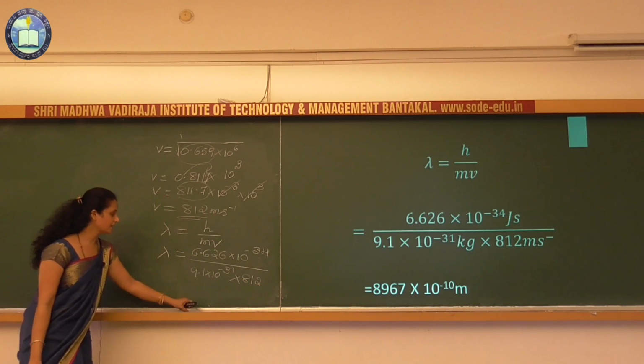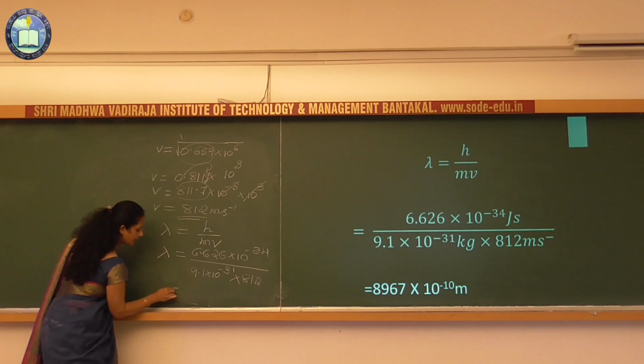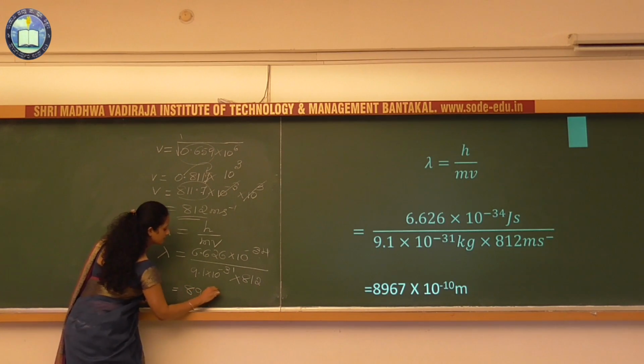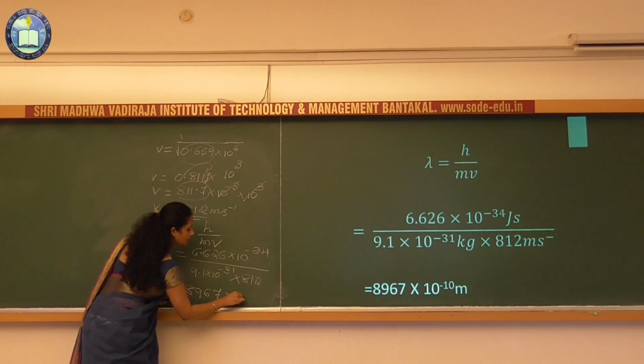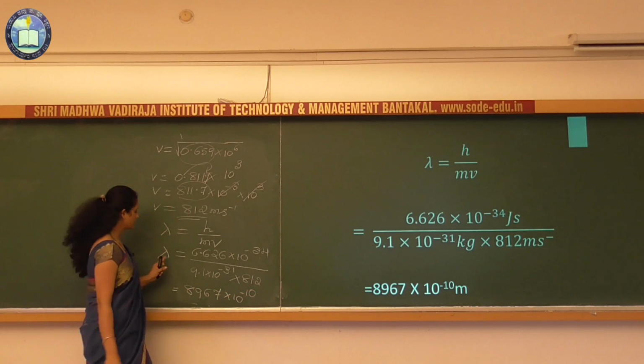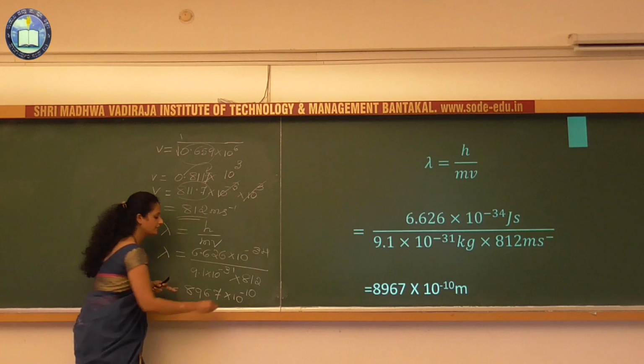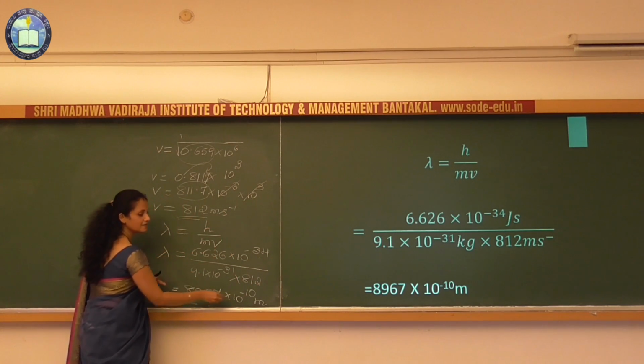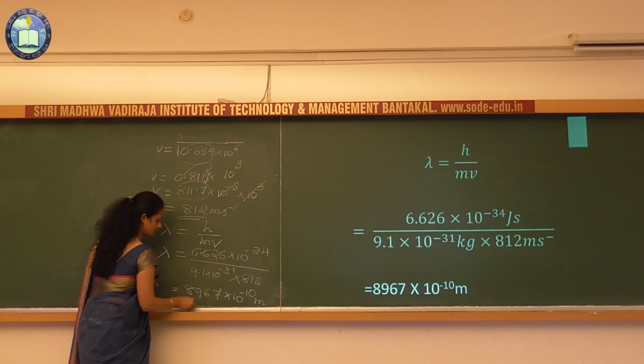After the simplification, we get 8967 into 10 to the power minus 10. Take the unit of wavelength as meter. Velocity is in meter per second, so this will be the meter unit.